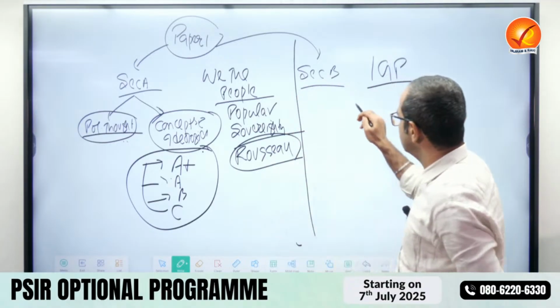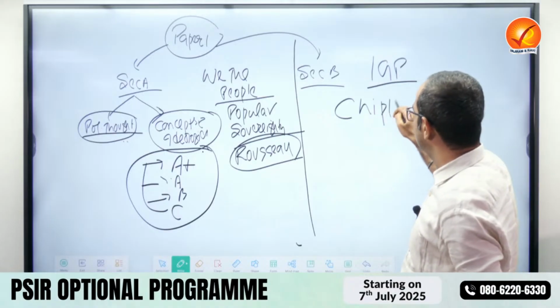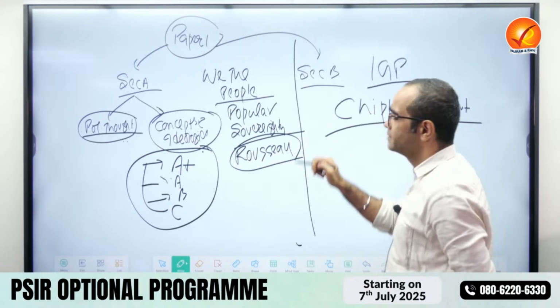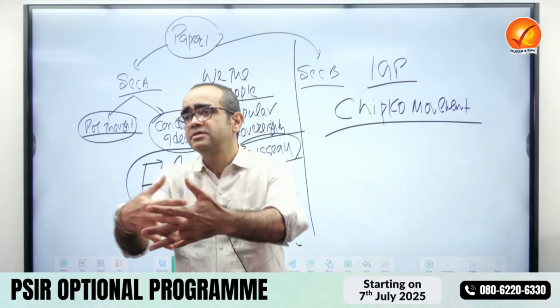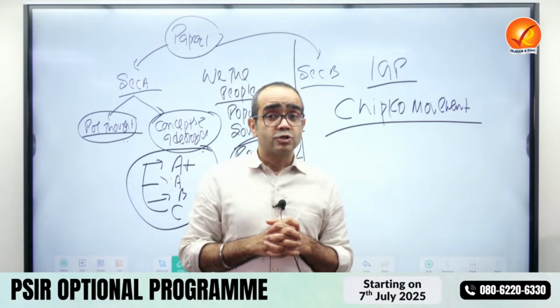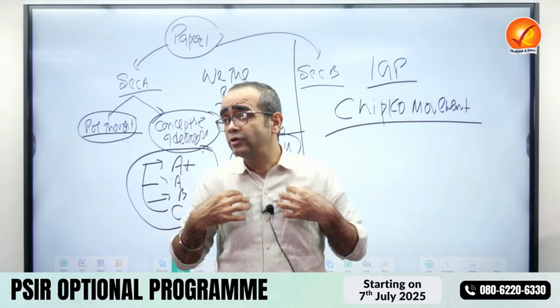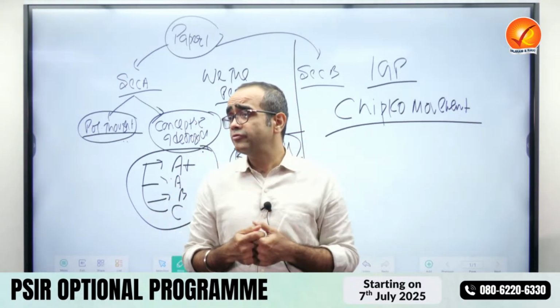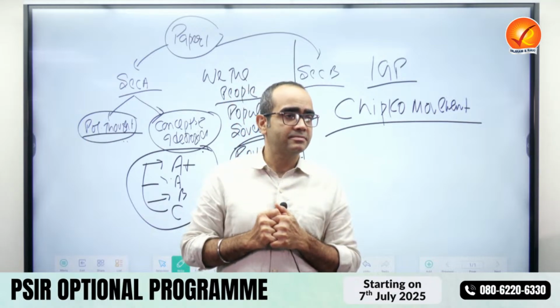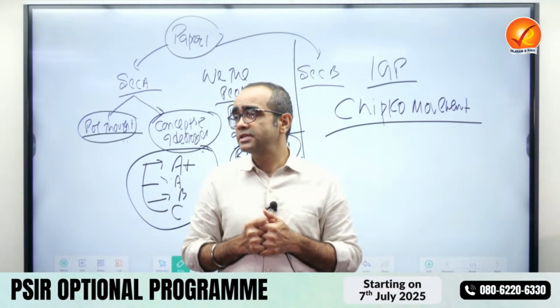Now, social movements, if I talk about, have you heard of Chipko movement? What was Chipko movement? Women hug the trees to save them from cutting. So why women hug the trees? Because their livelihood was dependent on the forests. And this Chipko movement launched environmentalism in India, environmental movements in India.